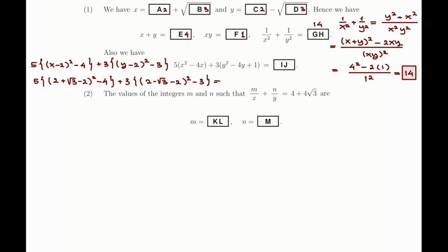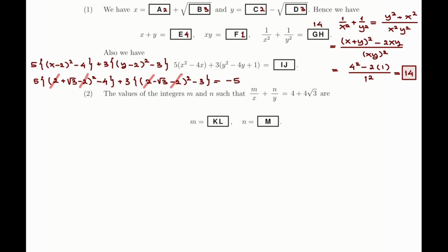As you can see, we can cancel out 2 here and there. That means square root of 3 squared, which is 3. 3 minus 4 is equal to minus 1, yeah? 3 here minus 4, minus 1. Negative 1 times 5, you get negative 5.